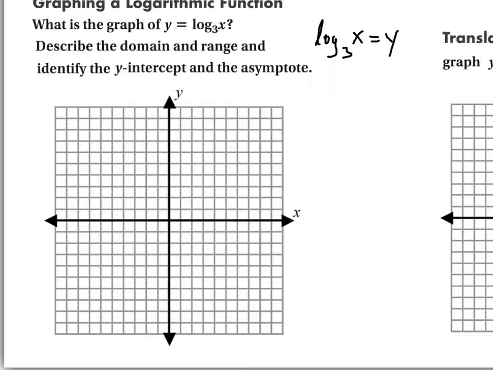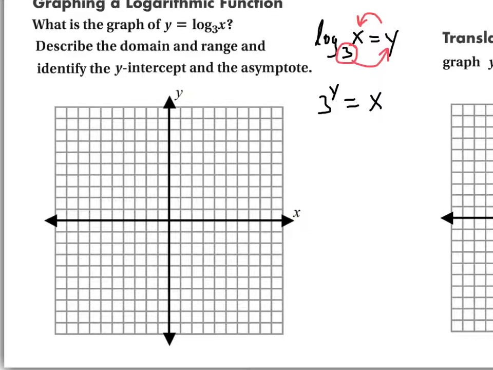Remember that recycle visual? 3 to the y power equals x. It means the same thing. Log base 3 of x equals y is the exact same thing as 3 to the y power equals x. It's just a different way of writing it.